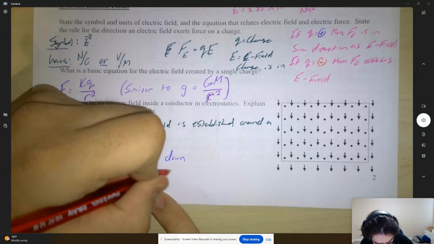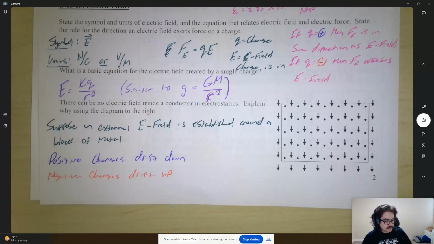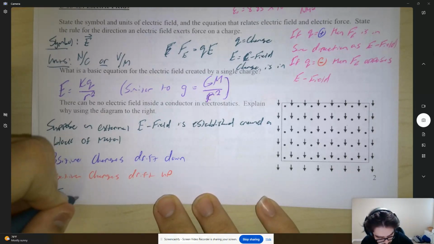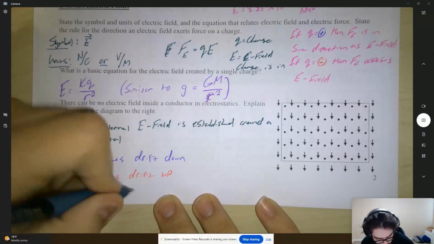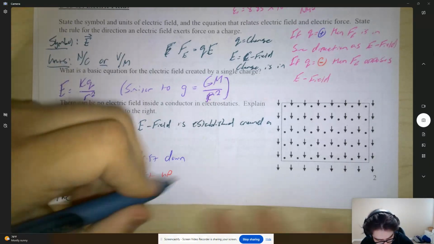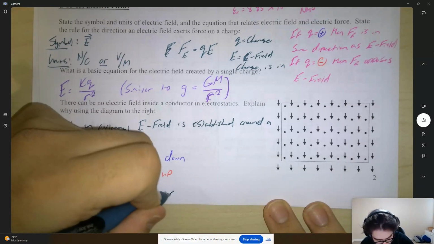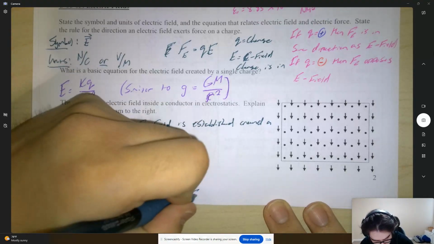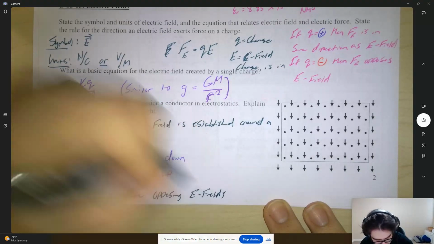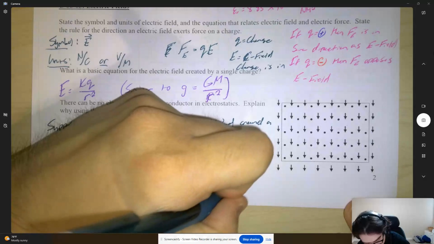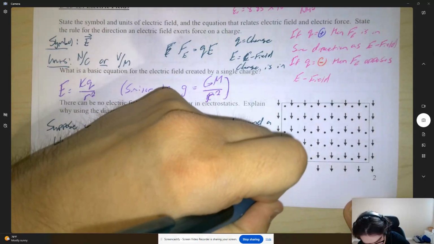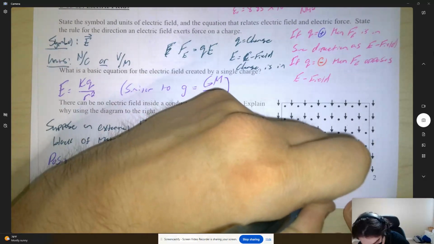Those charges create opposing E fields that cancel the external E field.